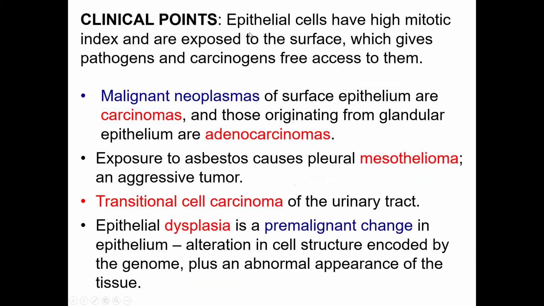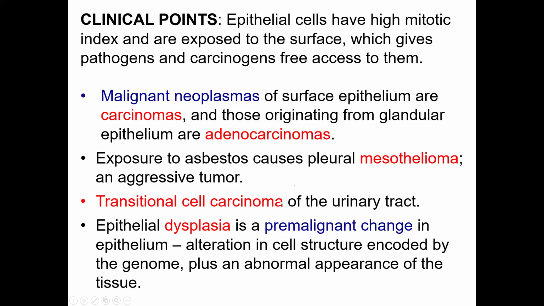Clinical points: the epithelial cells have a high mitotic index and are exposed to the surface, which gives pathogens and carcinogens free access to them. Malignant neoplasms of surface epithelium are the carcinomas, and those originating from glandular epithelium are the adenocarcinomas. The exposure to asbestos causes the pleural mesothelioma that I mentioned already.